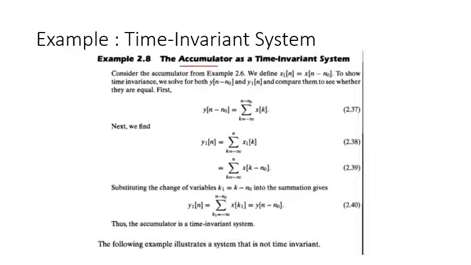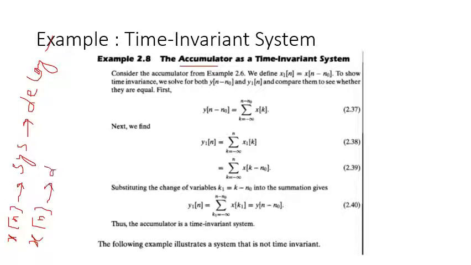Basically, my understanding is that you consider an input and pass that input through a system, and then you delay it. Other times you take an input, you delay it first and then pass it through the system.